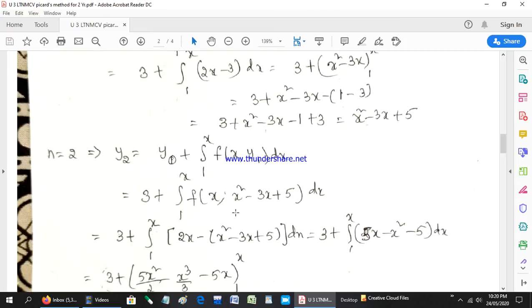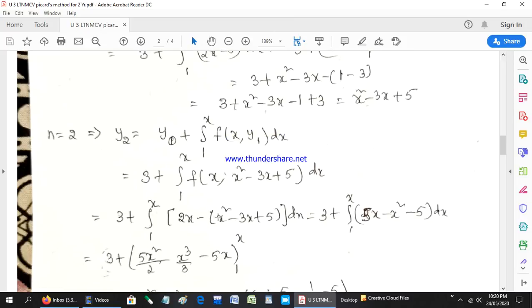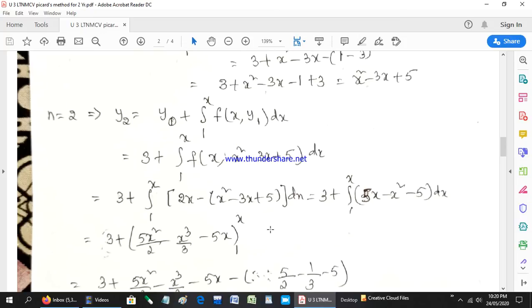So in place of y we replace with x square minus 3x plus 5. Here the function is 2x minus y. So 2x minus x square minus 3x plus 5. So this gives the value 3 plus 2x minus of minus 3x, so this becomes 2x plus 3x, so 5x minus x square minus 5.